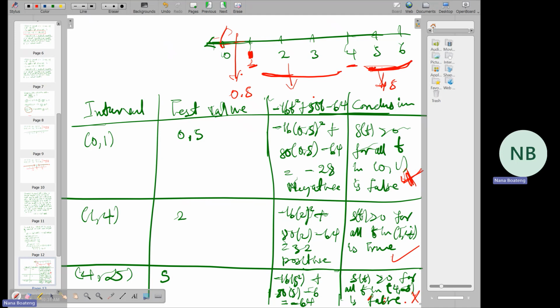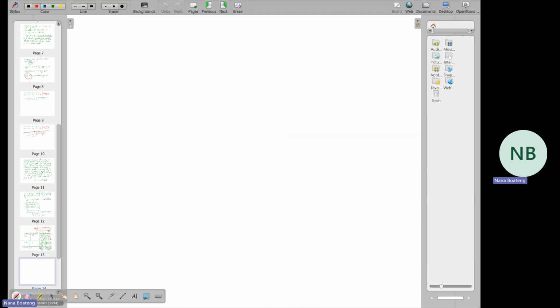So on the number line, s of t is only true for values between 1 and 4.